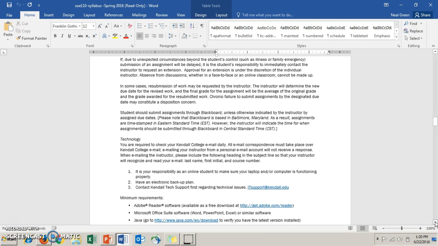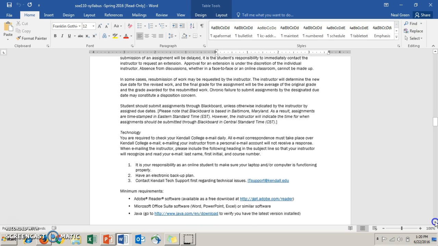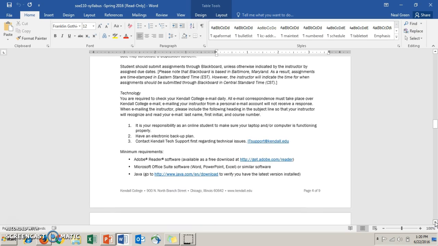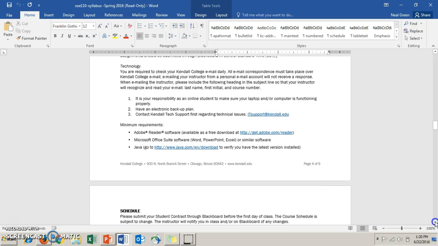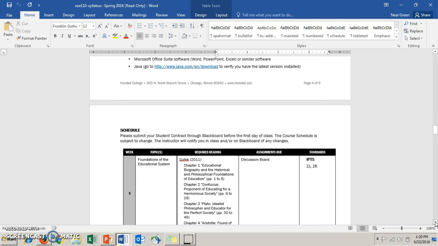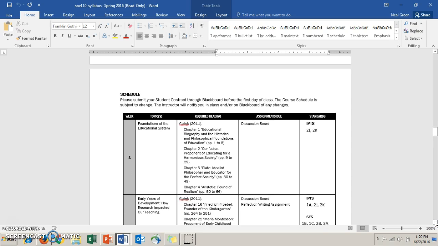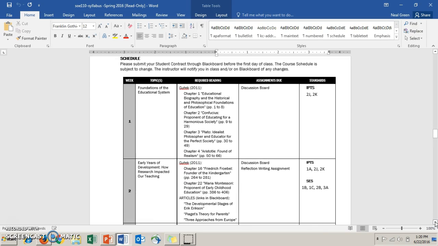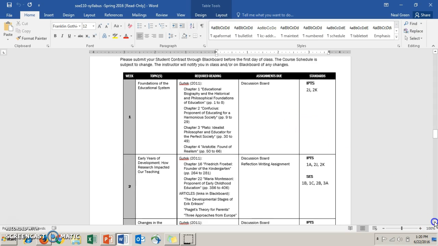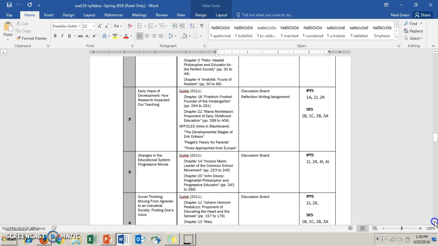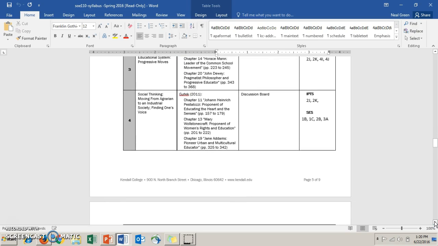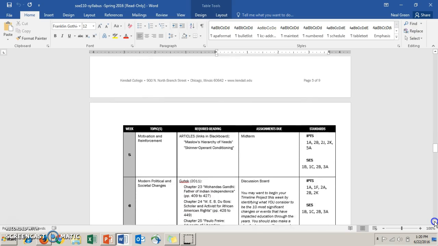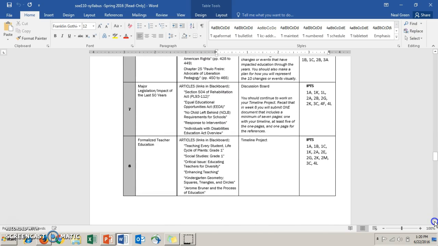Each instructor follows this pretty closely, but it depends on your instructor, so make sure that you ask them if you have a question about their particular attendance policy or late policy. Then your schedule is listed. It breaks it down by week, and it shows your assignments due after each week. Sunday is day 7 of the week, so that would be the day that your assignments are due, unless your instructor advises you otherwise.